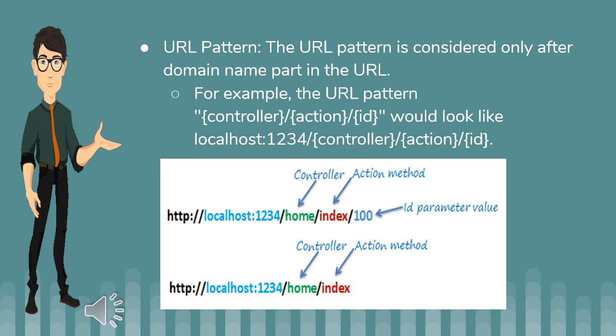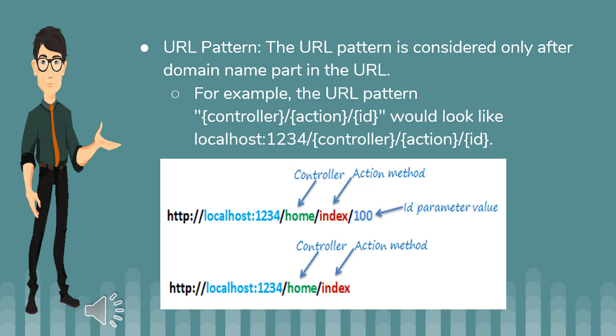URL pattern. The URL pattern is considered only after the domain name part in the URL. For example, the URL pattern {controller}/{action}/{id} would look like localhost:1234/{controller}/{action}/{id}. Anything after localhost:1234/ would be considered as controller name.